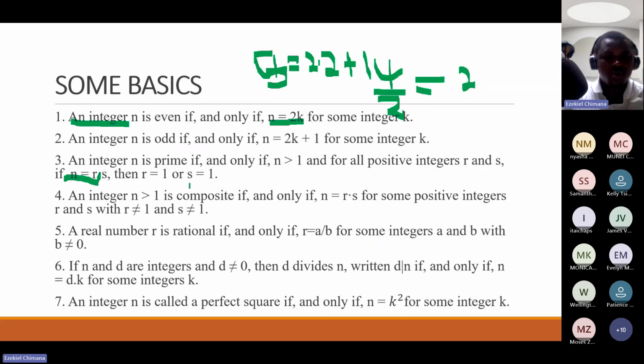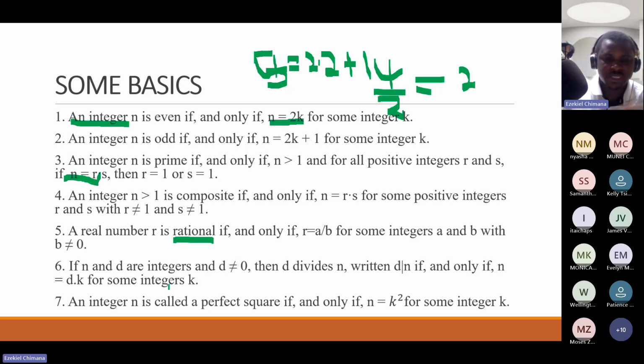You can go on for a composite number, for a rational number, and for division: if n and d are integers and d is not equal to 0, then d divides n, written d | n, if and only if n is equal to d times k, for some factor k.